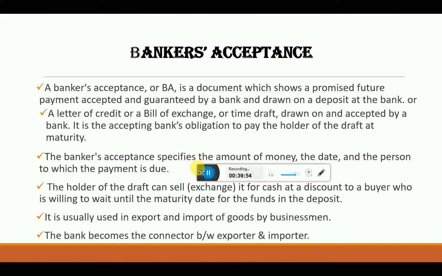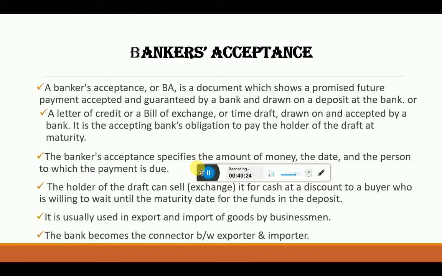So banks come into the operation on behalf of these businessmen, and one bank issues a letter on the other bank, right, and the other bank accepts that, and the bank issuing it and the bank accepting it both charge a commission from their respective account holders or customers, right.